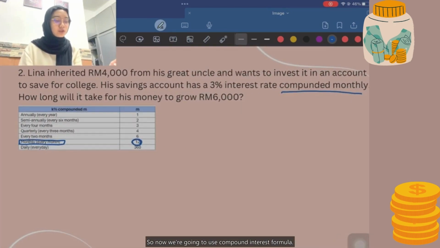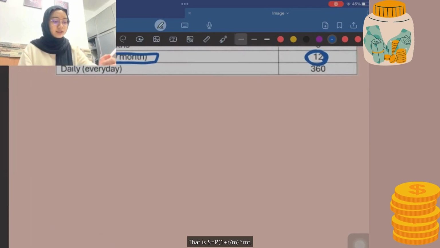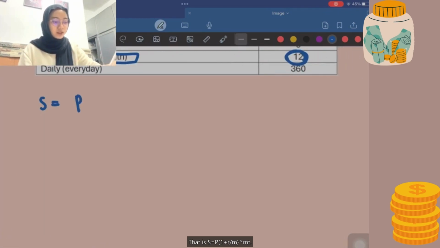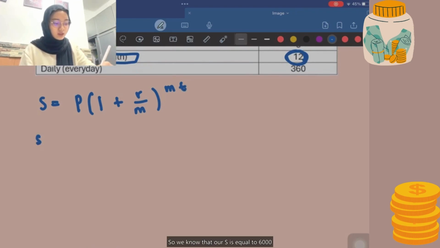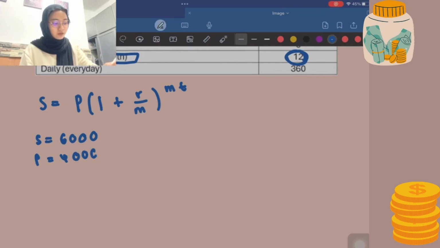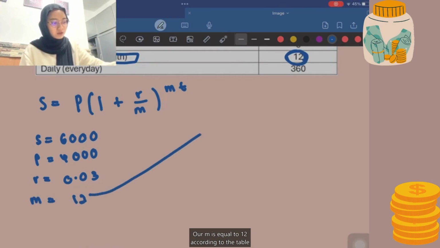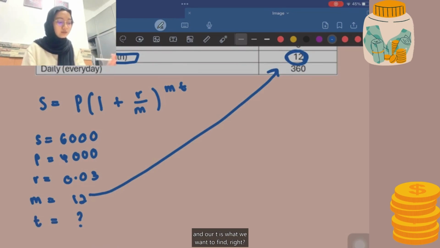So now we're going to use the compound interest formula, that is S equals P times (1 plus R over M) to the power of M times T. So we know that our S is equal to 6,000, our P is equal to 4,000, our R is equal to 0.03, our M is equal to 12 according to the table, and our T is what we want to find, right?